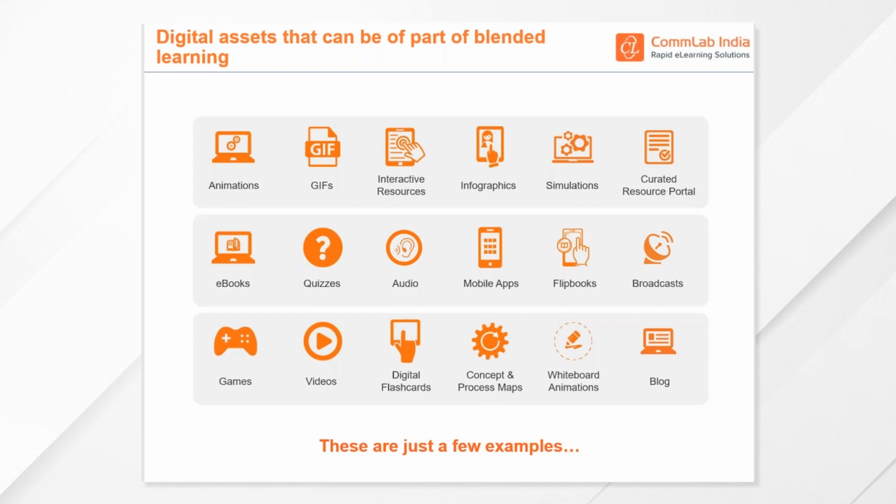And mobile apps is something that is increasingly catching on. Surprisingly, although we would expect the younger workforce to be more comfortable with this, our experience shows that almost any age group is equally comfortable with learning through the mobile and through mobile apps. Then you have flip books, which are digital books where you can just flip through and quickly go through a procedure or something. You have broadcasts.